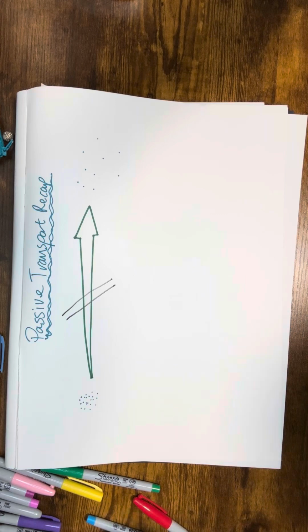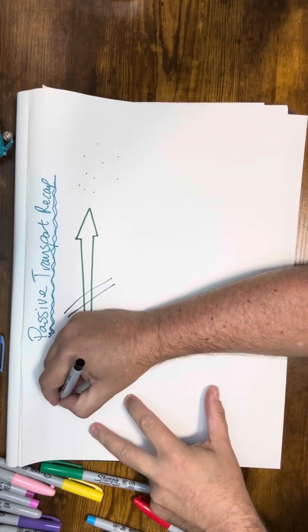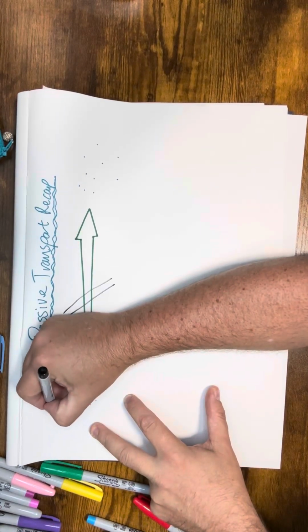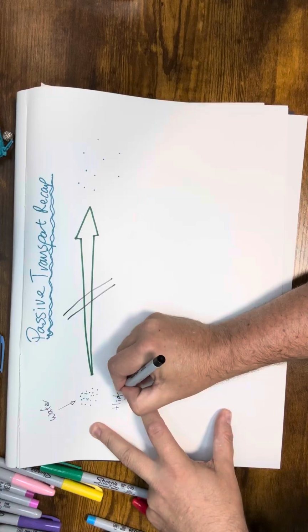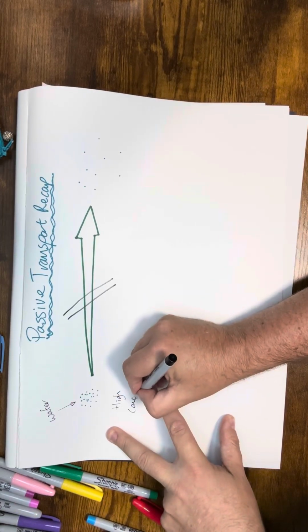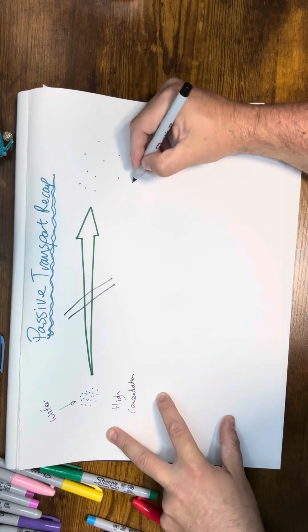Now, this is important to think about. We're looking at just the diffusion of water. Okay, so this is water. This is at a high concentration. And this is at a low concentration.